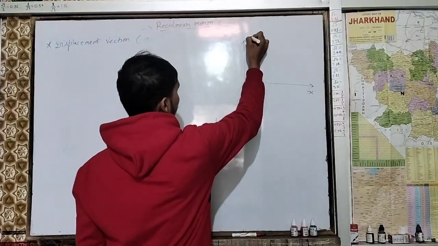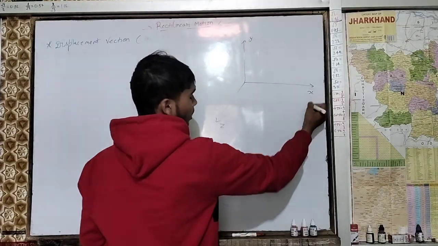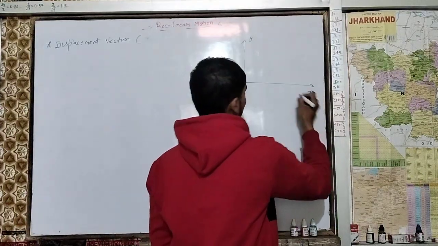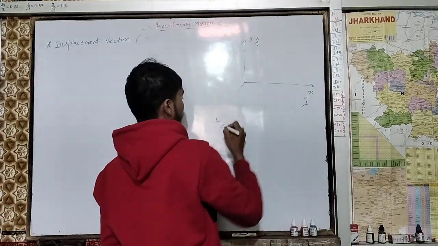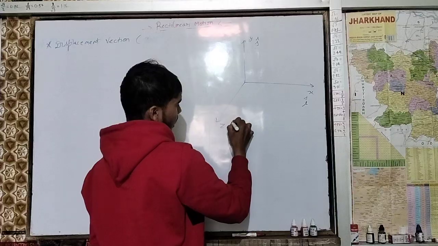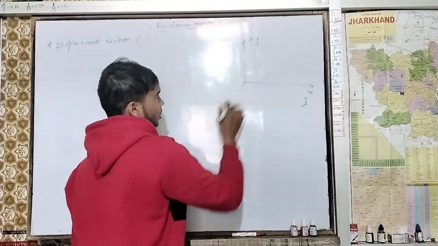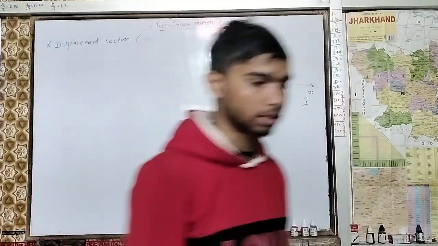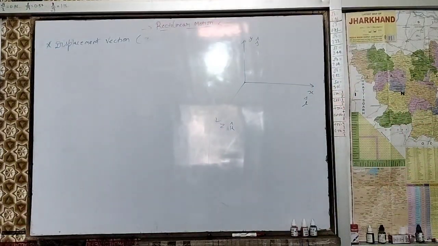This is x, y, z. In the language of vectors, we consider x as i cap, y as j cap, and z as k cap. This is our reference point, known as the origin, 0, 0, 0.